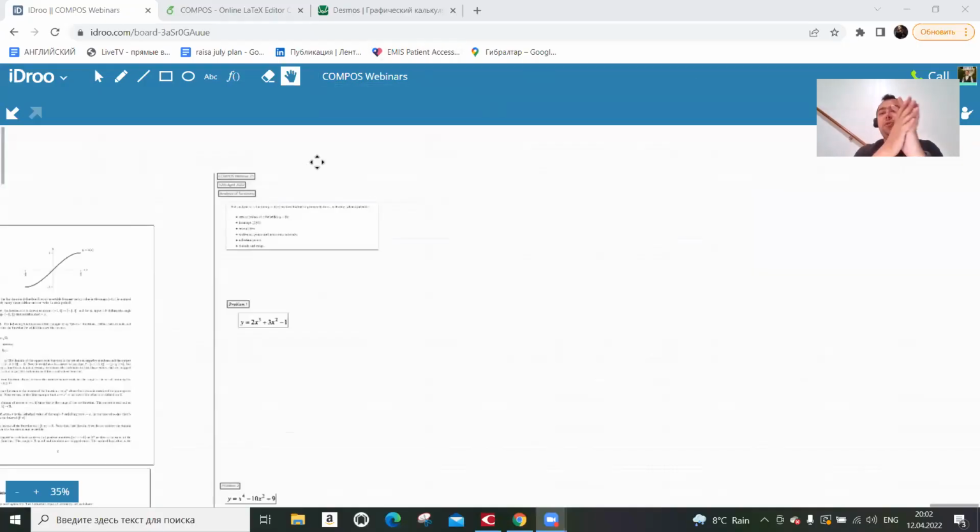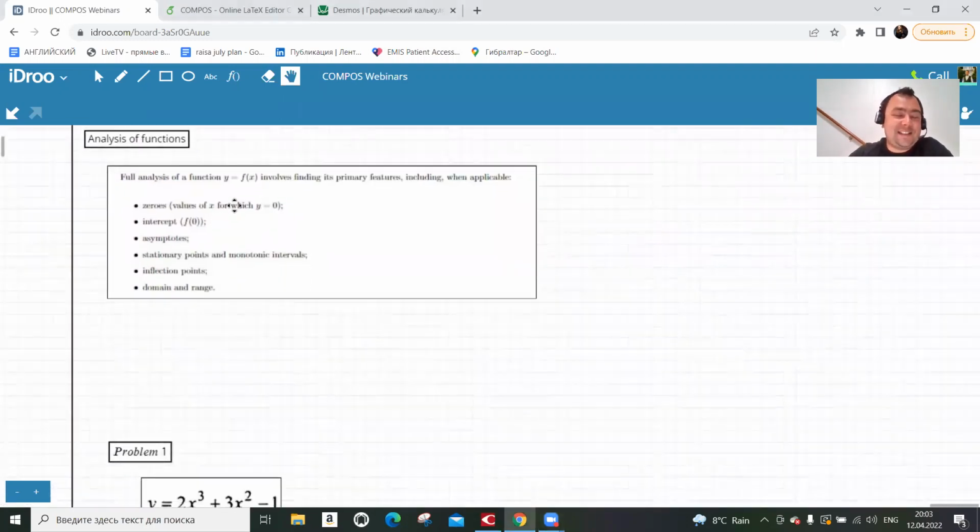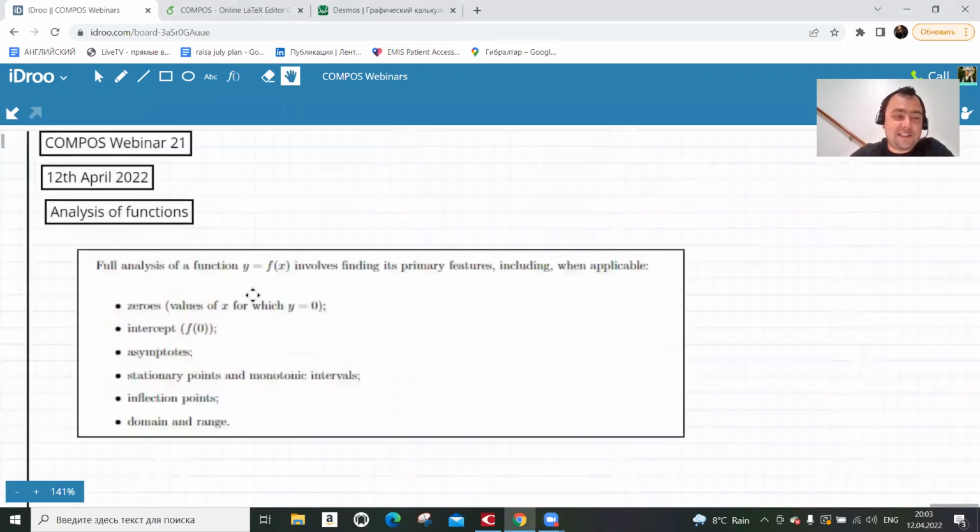Today I'm going to show you the art of analyzing functions. This is the second to last section in the assignment.